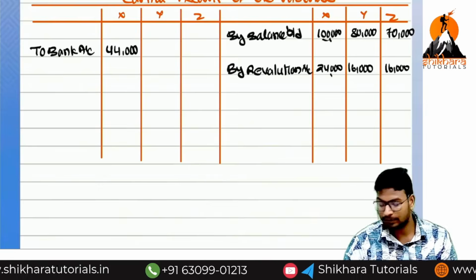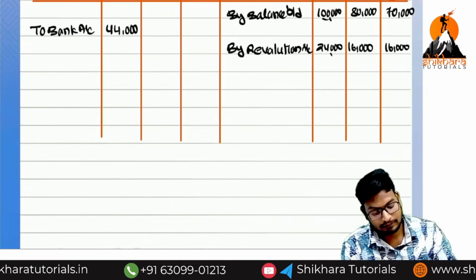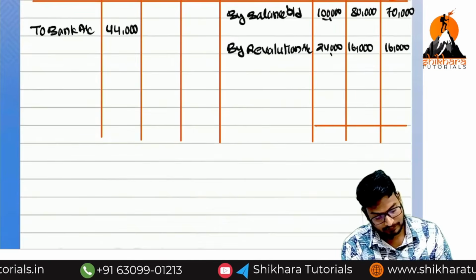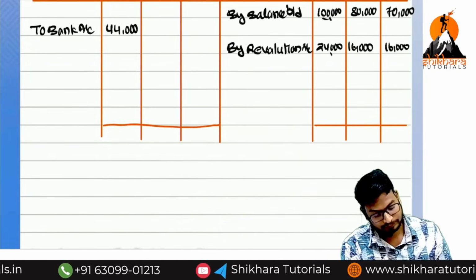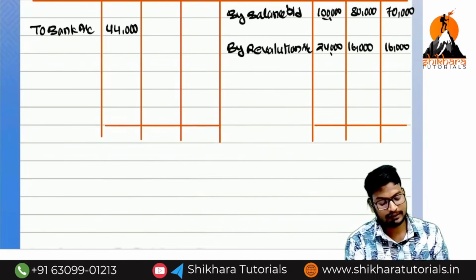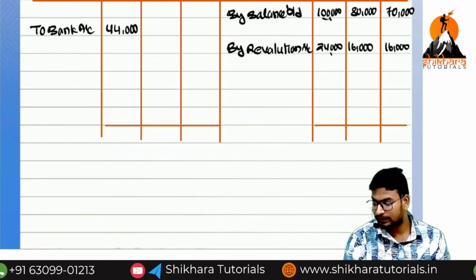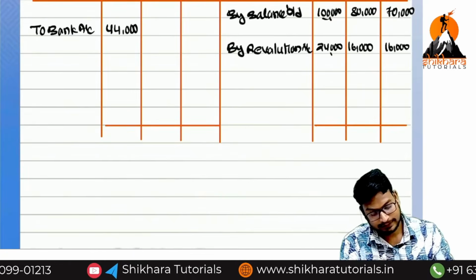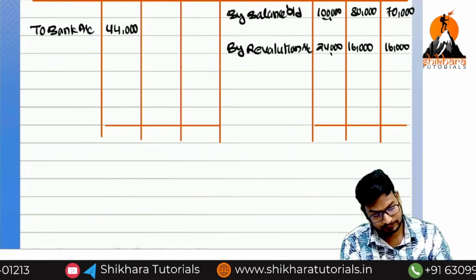Then what do we need to do, Amma? We need to balance this account. So please balance. How much are we getting, Amma? 80,000 plus 16,000. How much, Amma? 96,000.